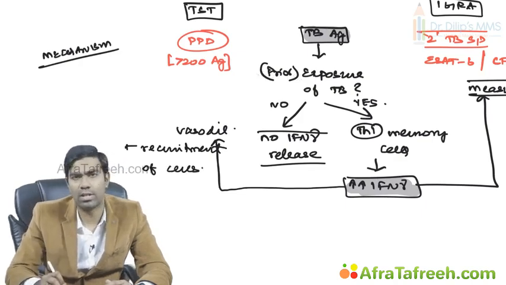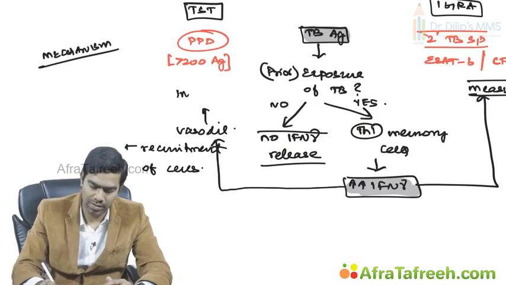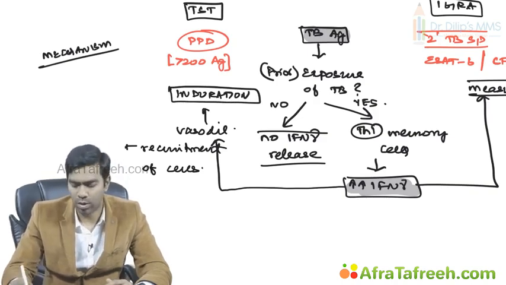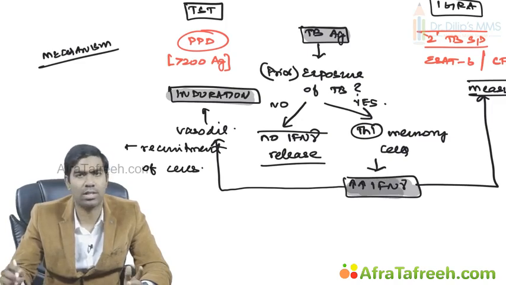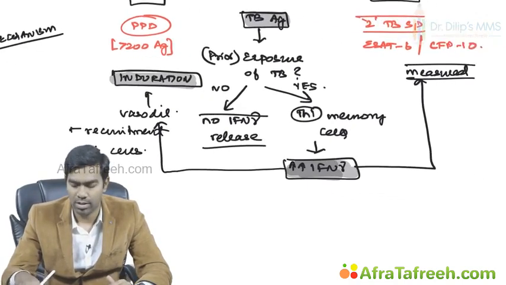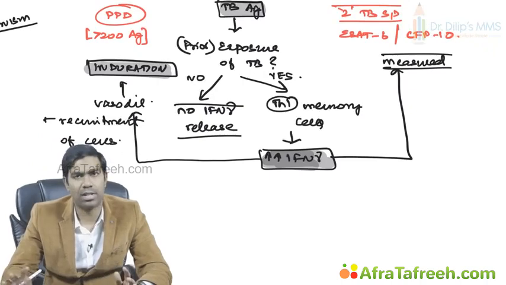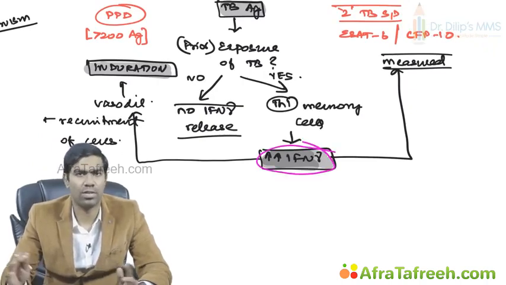So because of vasodilation and recruitment of inflammatory cells to that particular area, they will result in induration. And they are going to measure the induration. So the more the induration, the more is the interferon gamma release, which means more is the chance that the patient would have been exposed to TB already. Clear? So both the mechanisms are very simple. You are finding out the interferon gamma release. That's all. But how you find out is different.